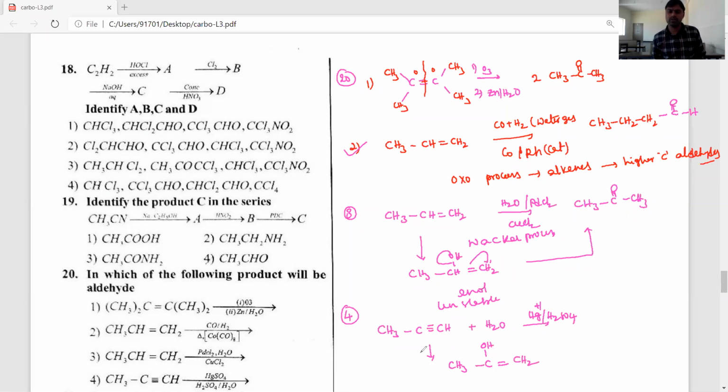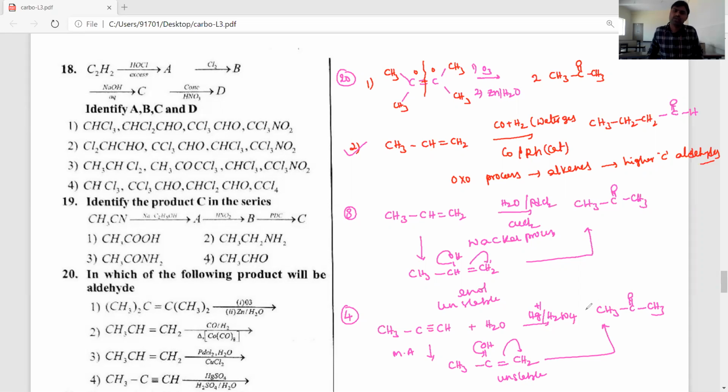Addition of water is according to the Markovnikov addition rule. The enol is unstable and is again converted into a ketone, the same as in the third equation, CH3-CO-CH3. Now our answer is the second option.